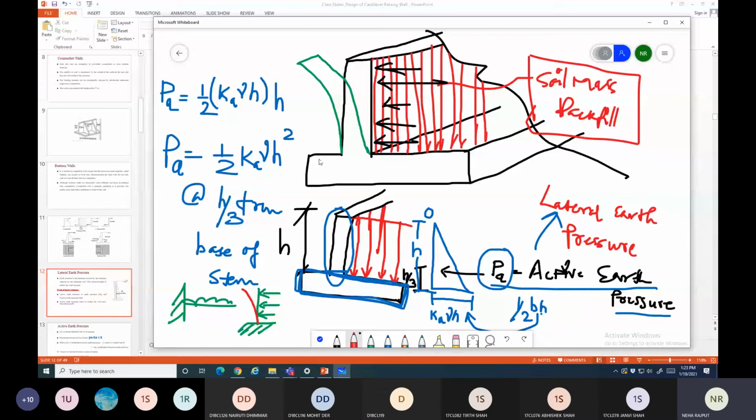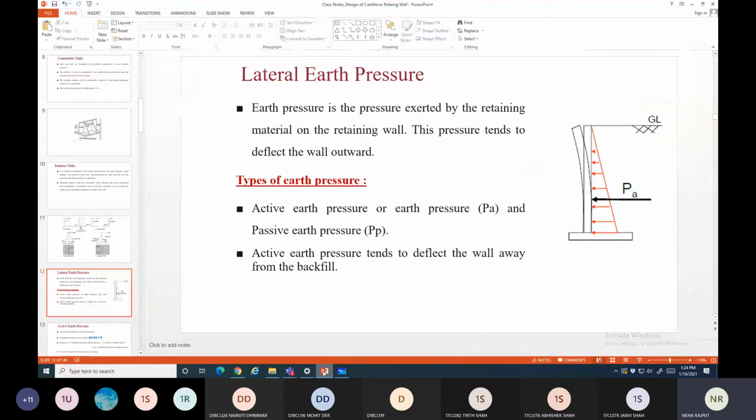So you can see the same behavior here: the behavior of the stem part due to the lateral earth pressure from the active side, because the soil rests on the right side, the backfill side or the hill side. So this is the deflection of the stem retaining wall. Same is over here also.